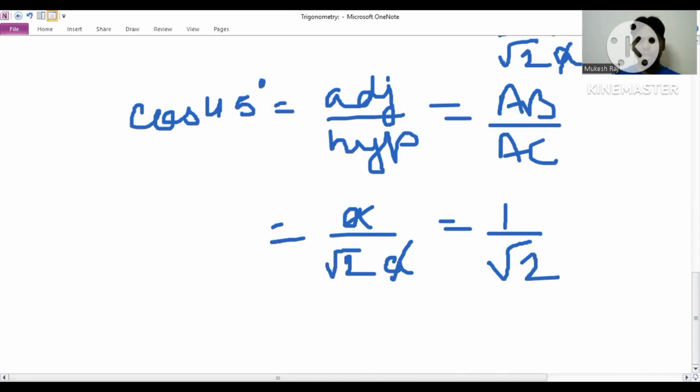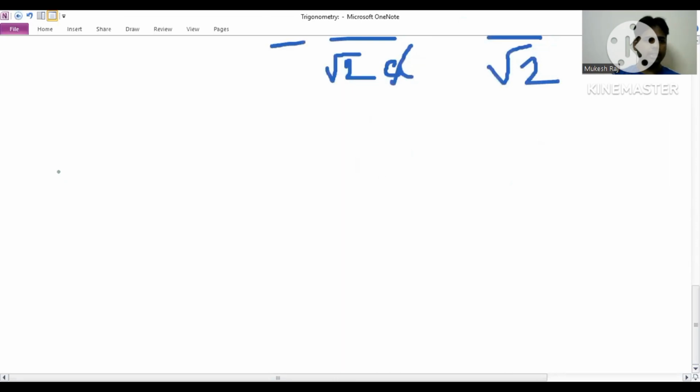Moving ahead with the other trigonometric ratio, obviously the tan. The next one is tan 45 degree.